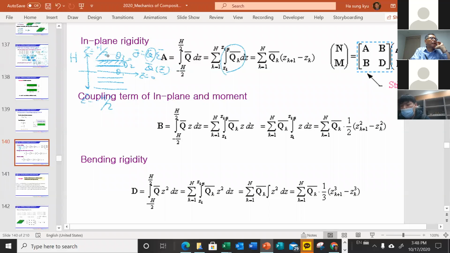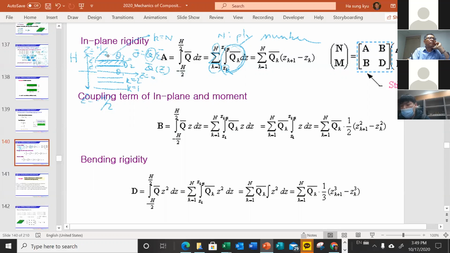But here, Z1, Z2, each Z, we have a Q bar, and a summation over each ply. So let's say this is k equal 1, k equal 2, and up to k equal n. This is all the ply number, N is the ply number. And each ply goes from zk to zk plus 1.